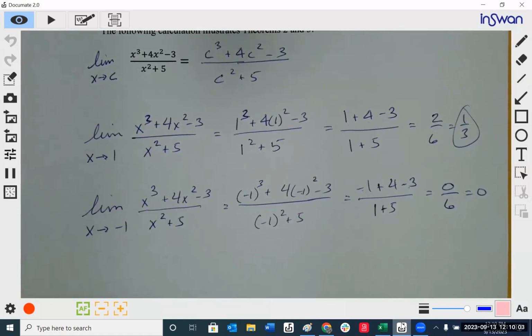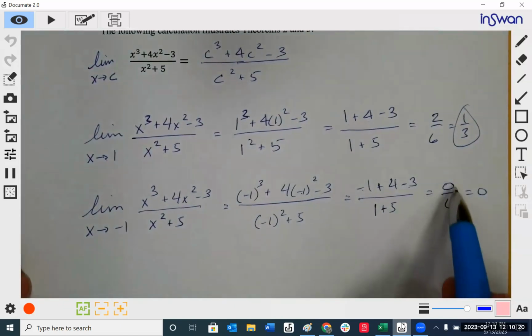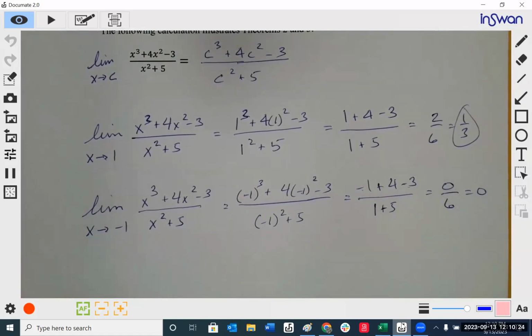It doesn't not exist. It's 0. 0 is a value. In the past, I had a lot of students saying, okay, it's 0, so it doesn't exist. No, it is 0, because it's not undefined. It's only undefined if it was 6/0. But can we go any further with it? If it was 6/0, you could, because then you would factor the numerator and the denominator.